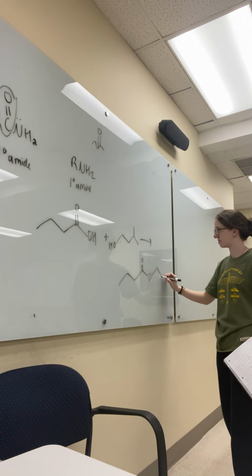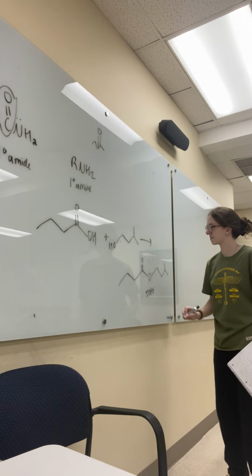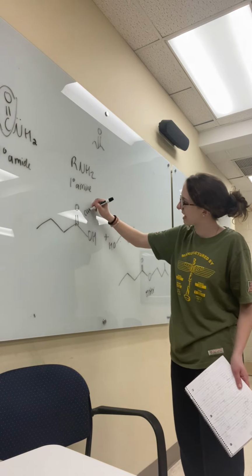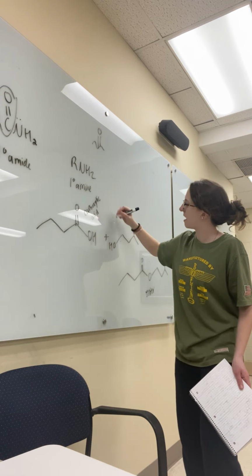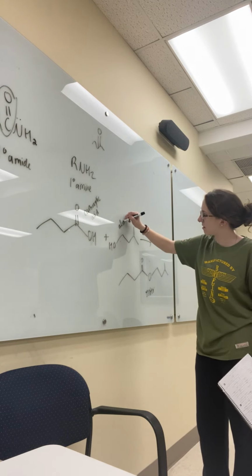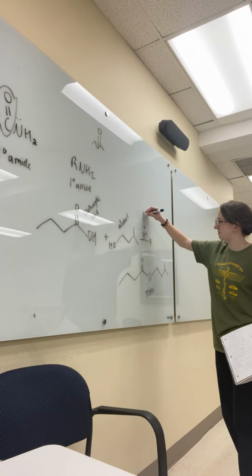So 1, 2, 3, 4. This is now an ester. It went from a carboxylic acid and an alcohol to an ester in the presence of acid.